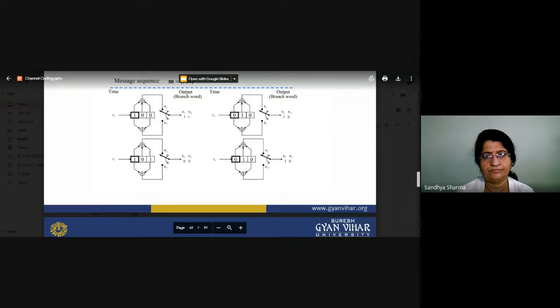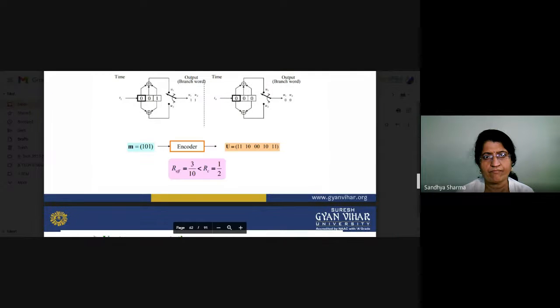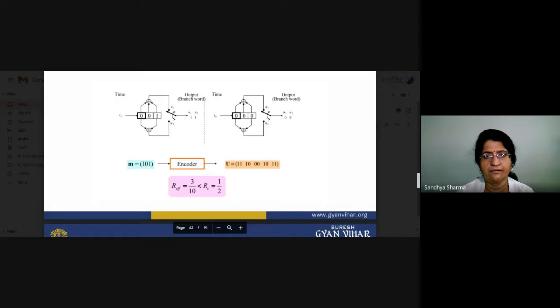So just you can see here, 0 0. For the output branch, if you want to calculate the further code word, you have to again insert 0 0. Then when inserting the 0 0, it will again calculate the complete output.